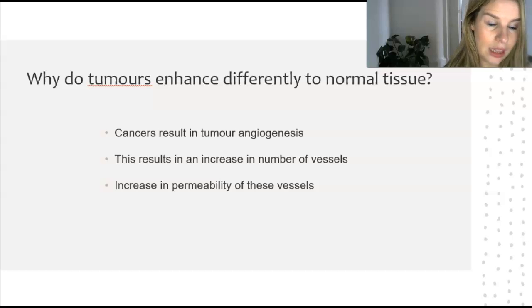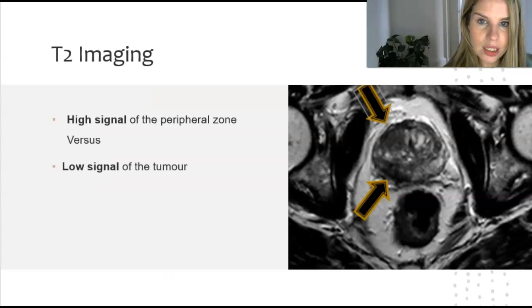Therefore, they absorb the contrast quicker and they'll let the contrast go out as well. So that's why tumours enhance differently to normal tissue, because we've got more vessels, and these vessels allow for the flow of contrast much more easily than the normal tissues.